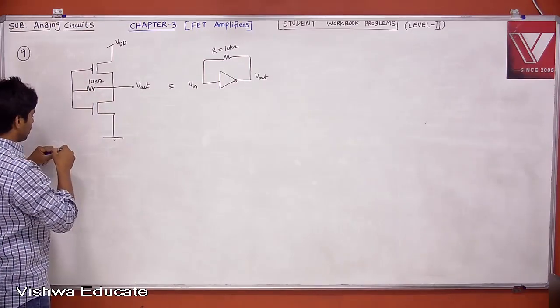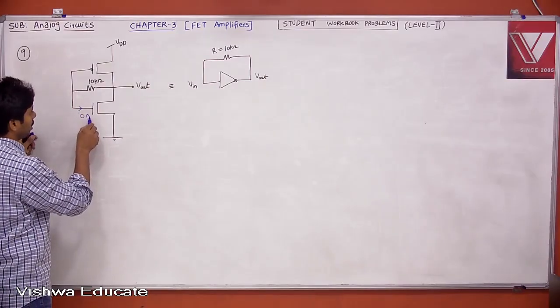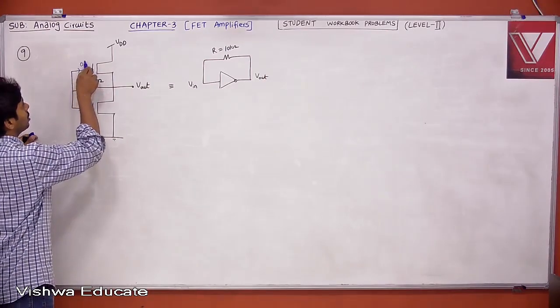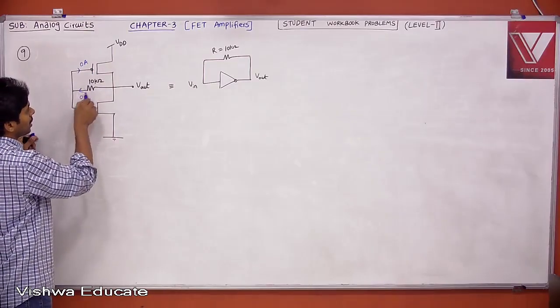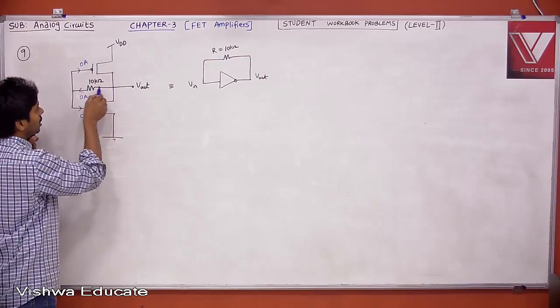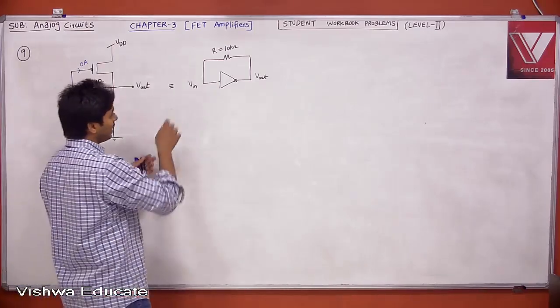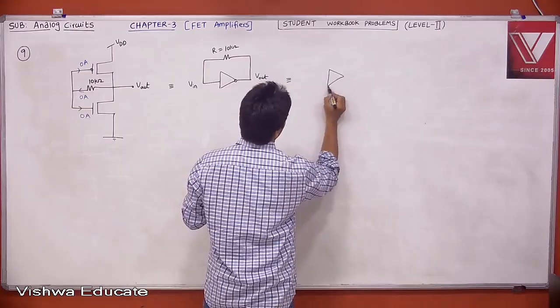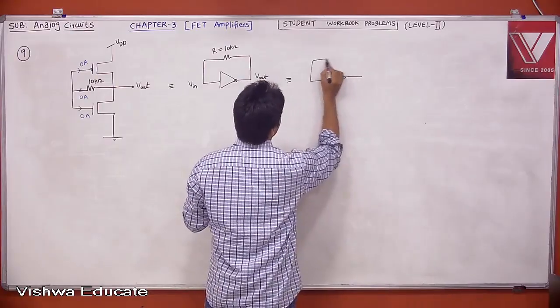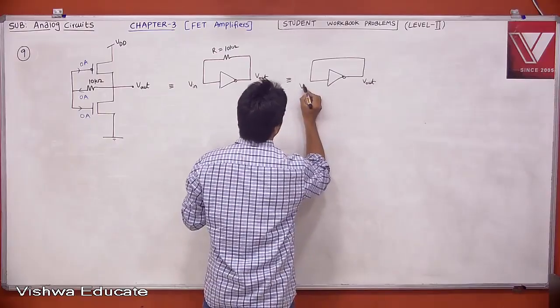Current entering into the gates is 0 ampere, and surely here also 0 ampere. If there is no drop across 10 kilo ohm, then whatever voltage you have, the same voltage you get here. Equivalently, even though there is a resistor, it is like a short. Your V out is equal to your V in.